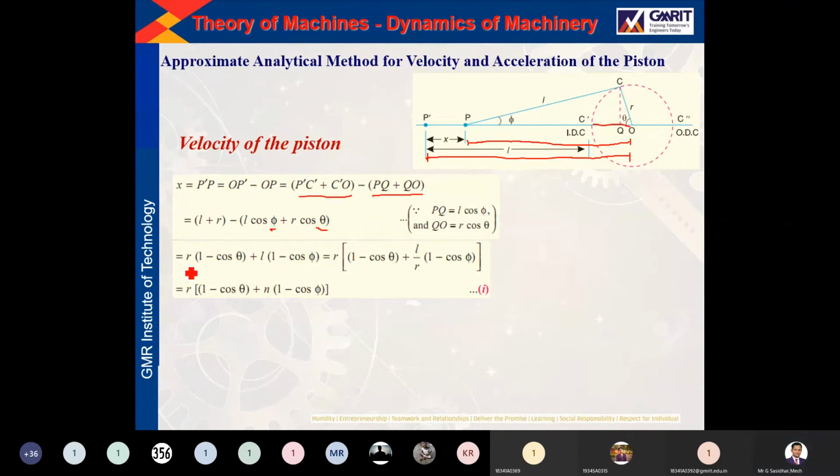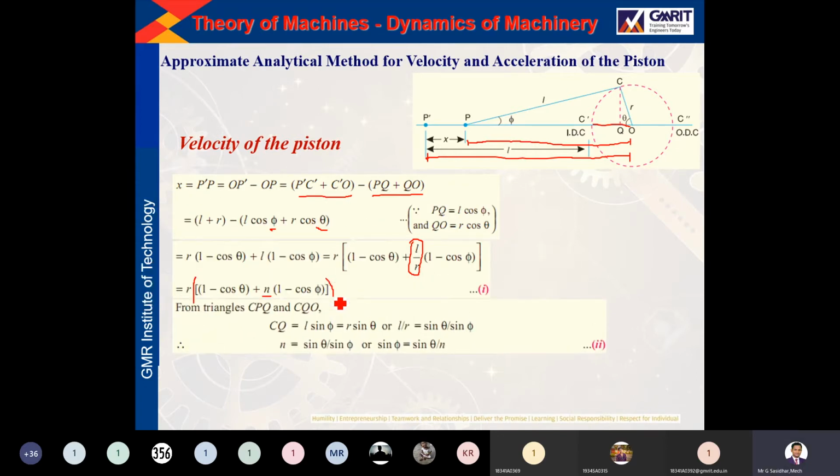Here we have 1 minus cos theta, and here I get L by R. In the previous slide we wrote that the ratio of connecting rod length to crank length is n. So this term L by R I will change into n. Is it clear now? Just modifications only, nothing difficult. So I now get R times 1 minus cos theta plus n into 1 minus cos pi. Here R is outside the whole bracket. R is common for all the terms. It is not only for 1 minus cos theta.